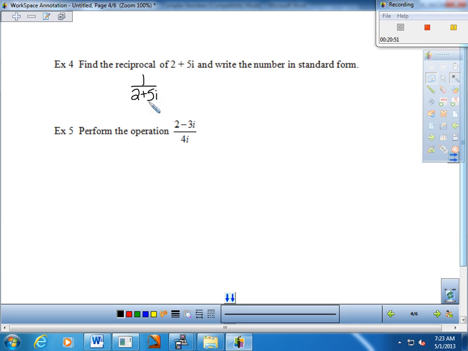And that's what I wrote above, just in those blanks there. So rather than talking about this as like a division algorithm, how many times does 2 plus 5i divide into 1, which is pretty much what it's saying, what we're going to do is tweak the number to get rid of the i. And the way we do that with this complex number right here is multiply by the conjugate.